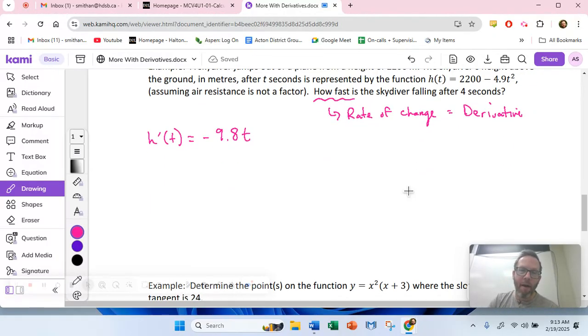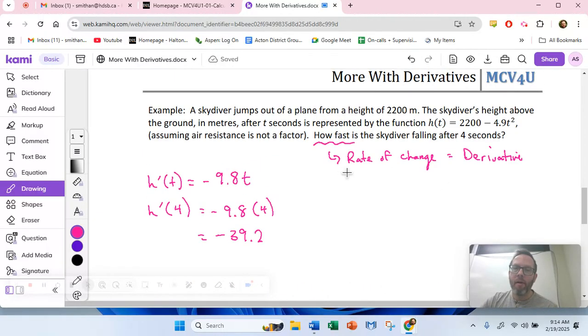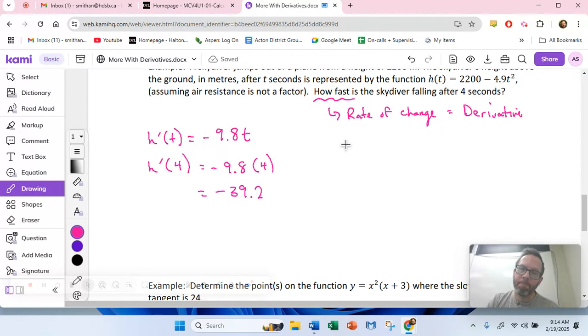After 4 seconds, how fast is that? h prime at 4 equals negative 9.8 times 4. I can do that: negative 39.2, right? And the units would be meters per second.